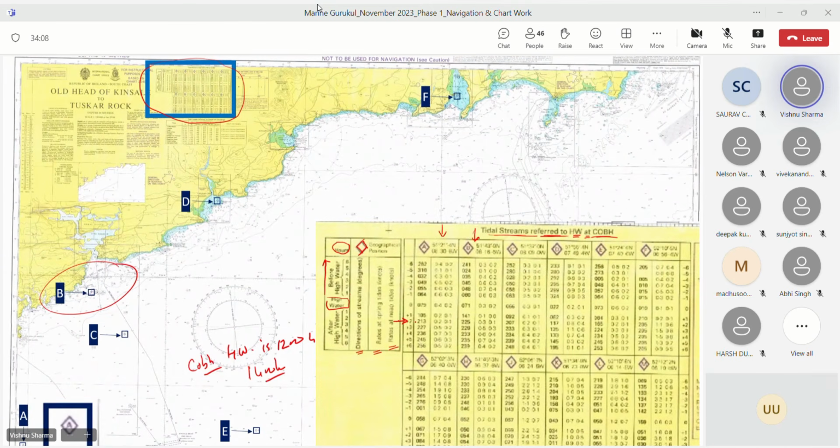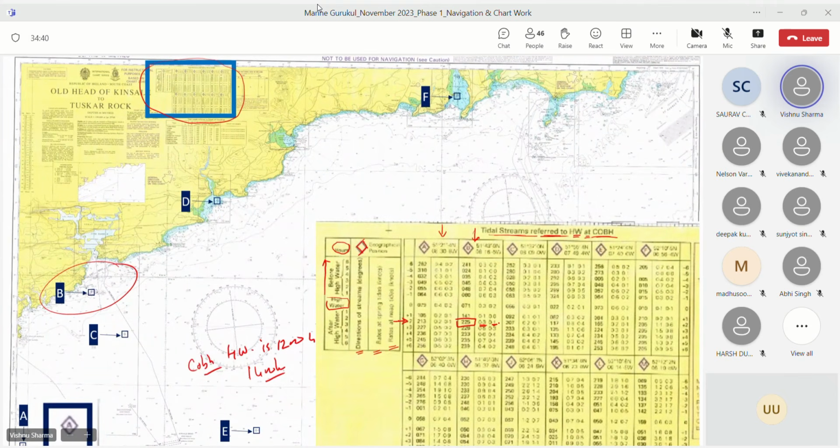So I go to B, 2 hours after high water. The direction or the set will be 225 degrees. And the rate, if that day the tide is spring, will be 0.3 knots. If the tide is neap, the rate would be 0.1 knot. So depending on whether it is spring or neap, accordingly the rate shall be chosen.